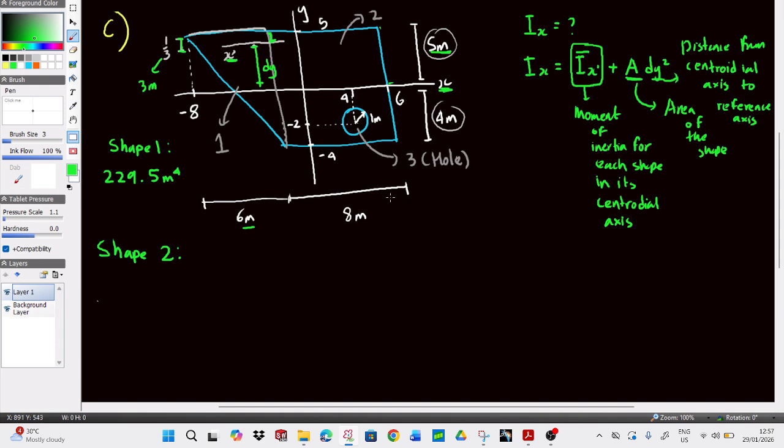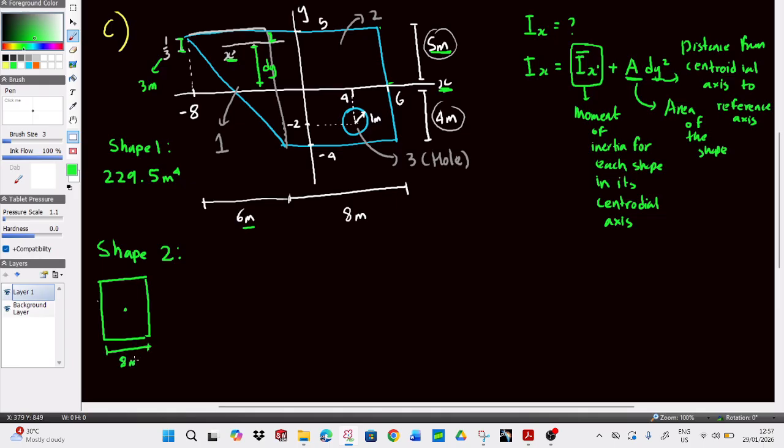So for shape 2, it's the rectangle. For the rectangle, what we know so far is the center is just in the middle. So we know the whole length is 8 meters.